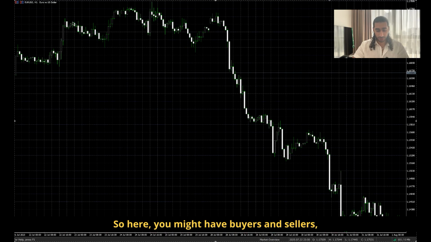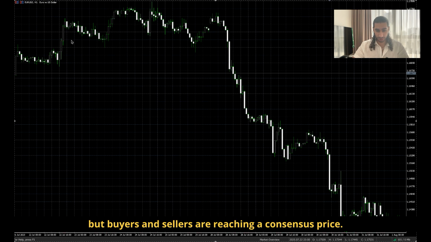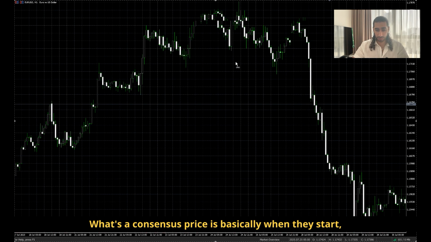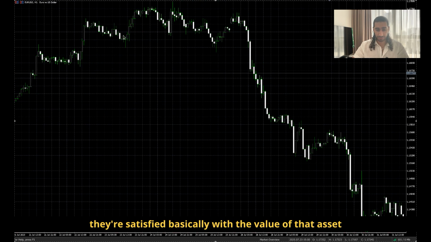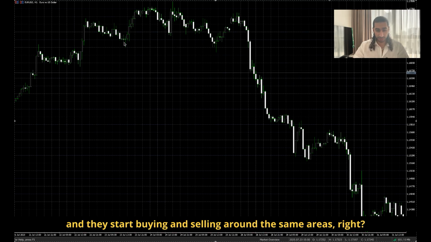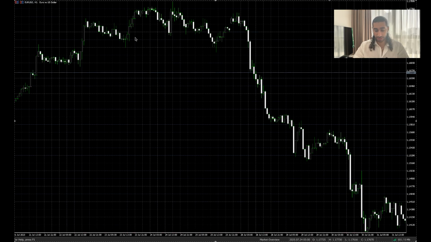So here you might have buyers and sellers, but buyers and sellers are reaching a consensus price. What's a consensus price? It's basically when they're satisfied with the value of that asset, and they start buying and selling around the same areas, right?